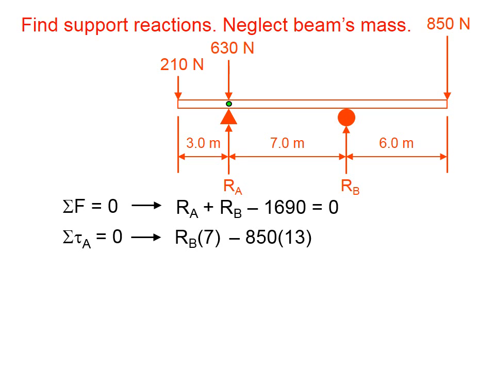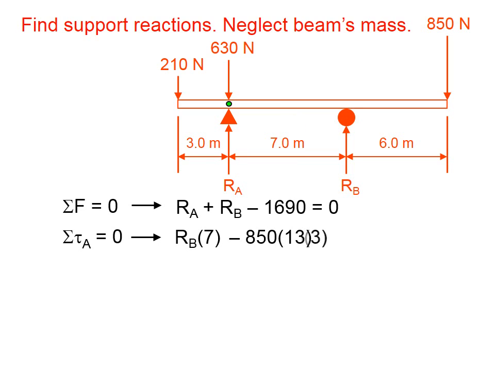And there's only one other force that we have to deal with, and that's the 210 Newton force, which will have a lever arm of 3, and will that sign be positive or negative? Well, how would that 210 Newton force cause this beam to rotate if it had its way? And it looks to me like that would cause the beam to rotate counterclockwise.